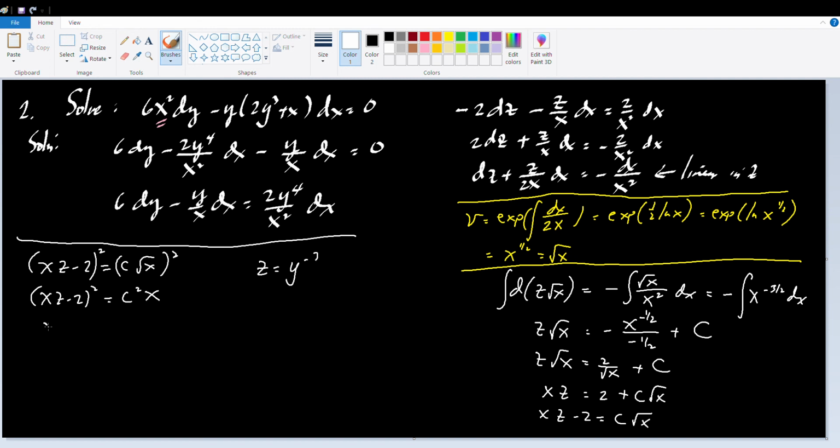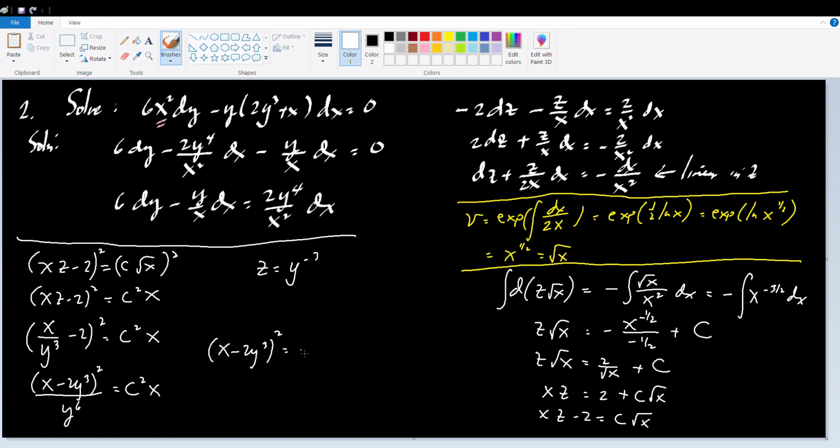So x y to the negative 3, or x over y cubed minus 2 squared equal to c squared x, or x minus 2y cubed squared over y cubed squared, which is y to the 6, equal to c squared x. So finally, we'll get x minus 2y cubed quantity squared equal to c squared x y to the 6. There.